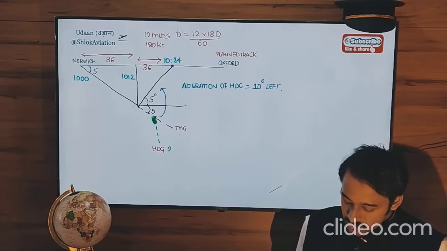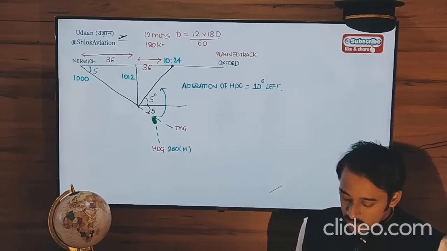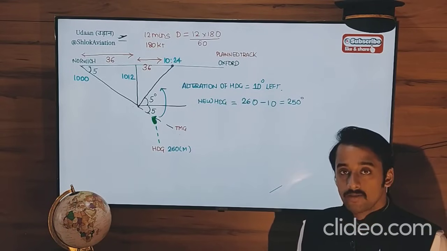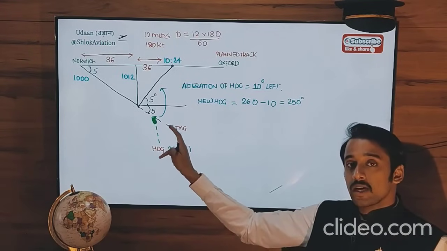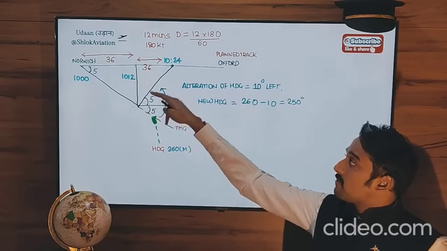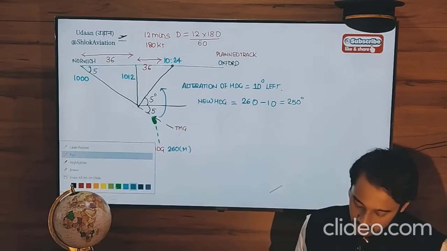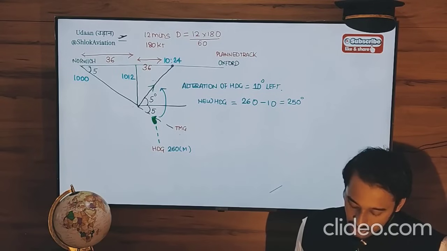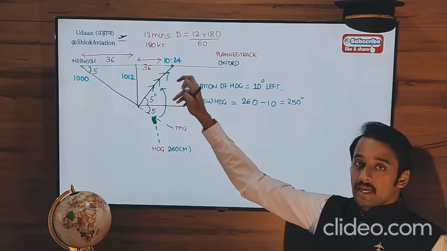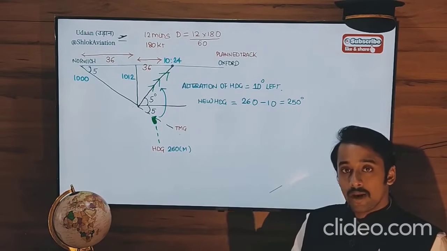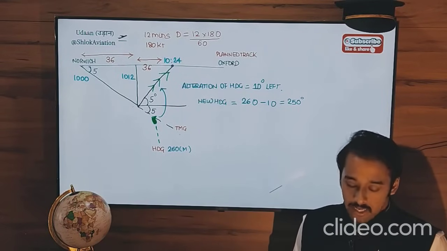Okay, heading is 260 magnetic. So what will be the new heading? New heading will be 260 minus 10, which is 250 degrees. So from this current heading of 260, we will have to turn a total of 10 degrees left and fly a direction of 250 to regain or rejoin the track at time 10:24.